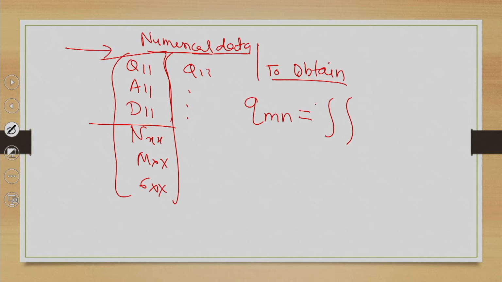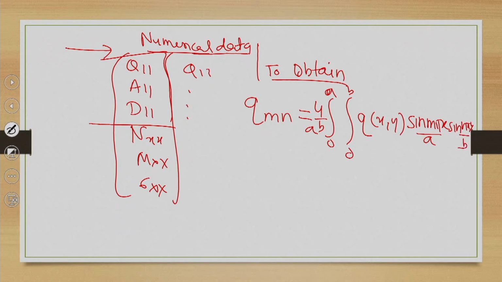So, the QMN definition was 4 over AB, integral 0 to A, 0 to B, of QXY sin m pi x by A sin n pi y by B.